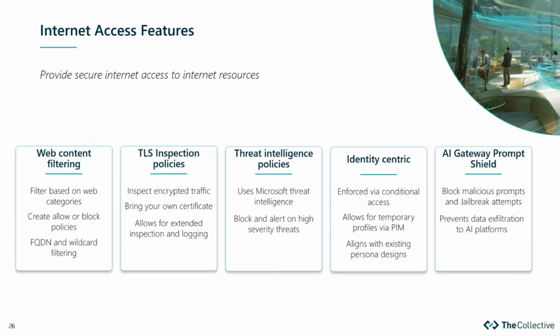But the most important features I wanted to talk about is web content filtering, which basically allows you as an administrator to decide which users can access which types of websites. So you can block specific liability websites or websites you do not trust, and allow other websites for other personas.